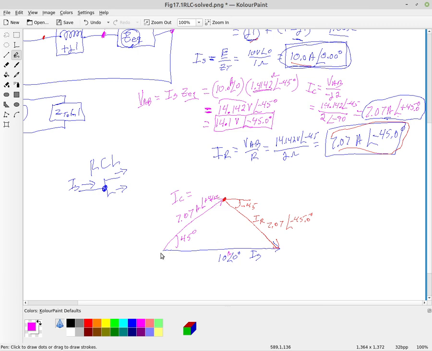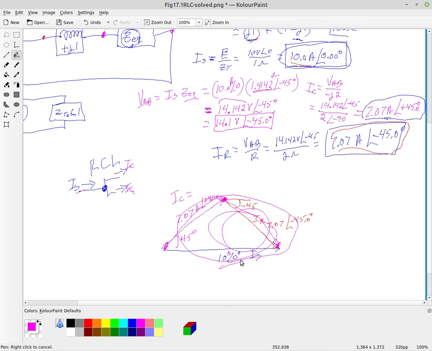All right, so if we take and add this current to this current, so we have IC coming out through the top and IR coming down through the bottom, then we do in fact add back up to the supply current.